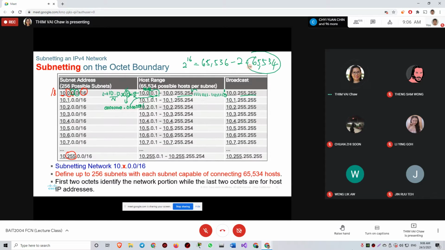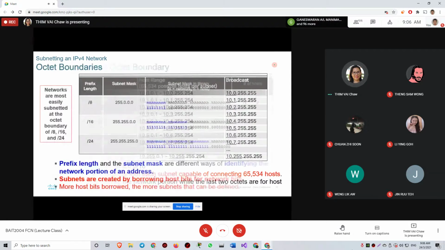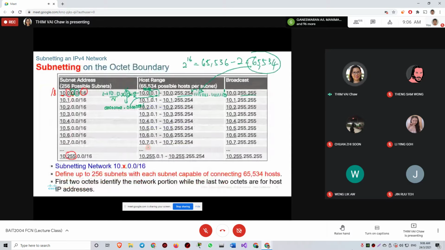This one is the usable address range, from 0.1 until 255.254. In total, you have 65534 addresses. This one will be the network address, and this one will be the broadcast address.